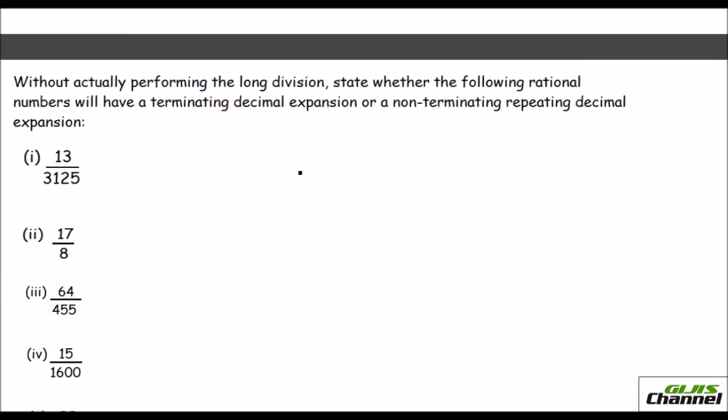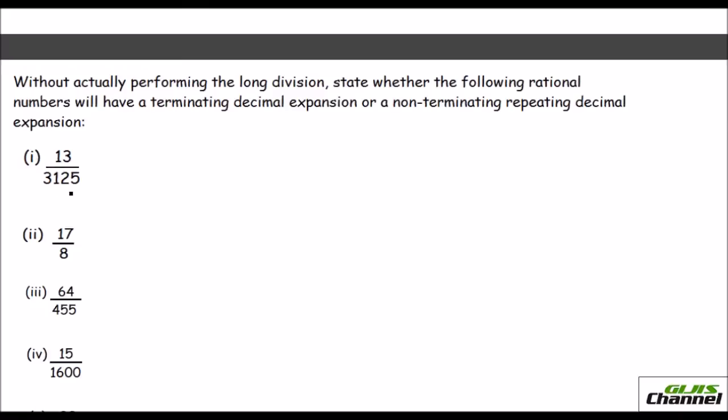Let us do a problem so that you'll understand. Without actually performing the long division, state whether the following rational numbers will have a terminating decimal expansion or a non-terminating decimal expansion. So I said, when you get such problems, you're not bothered about the numerator.